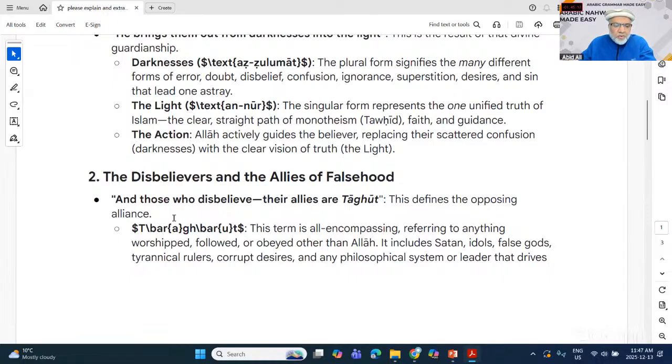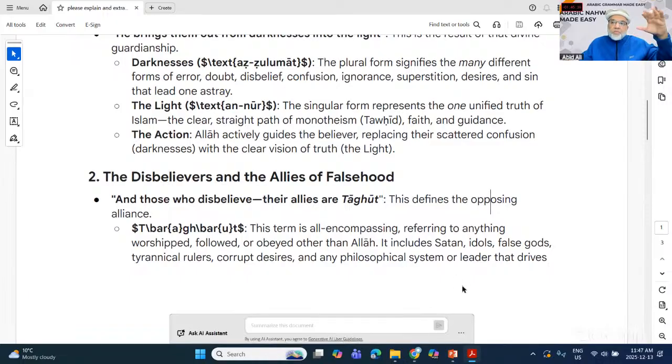The term Taghut is all-encompassing, referring to anything worshipped, followed, or obeyed other than Allah. Now we only think that if I worship an idol, then I'm worshipping a taghut. Taghut is more than that.